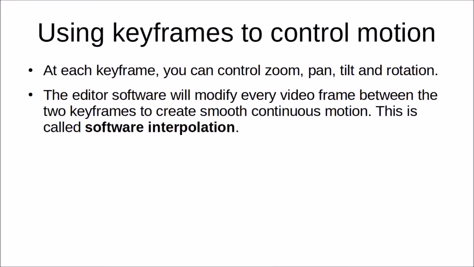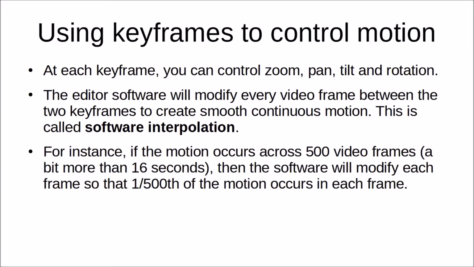So you define what you want to start with in terms of the scene and what you want to end with, and the computer will figure out what to do on each still frame in between the start and end point. So, as an example, if the motion occurs across 500 video frames, which is a bit more than 16 seconds, then the software will modify each of those 500 frames so that 1/500th of the motion occurs in each frame.